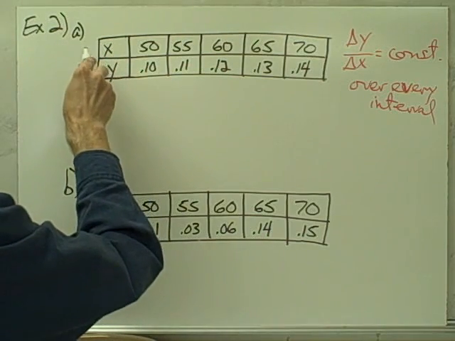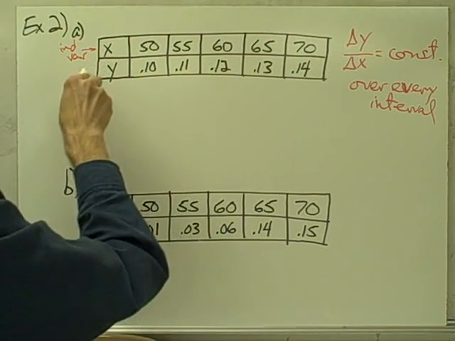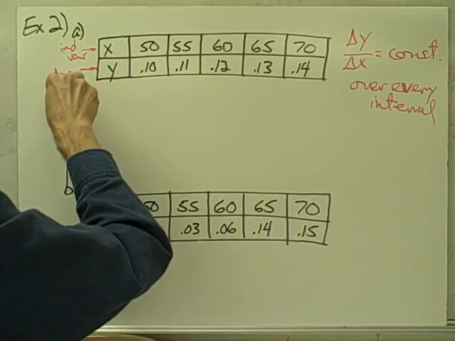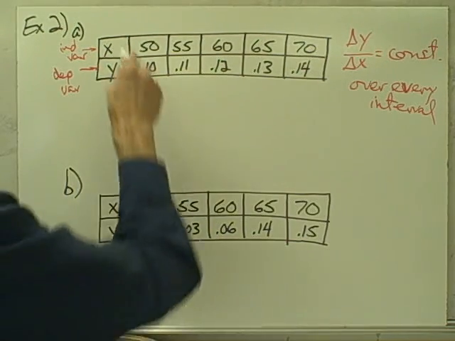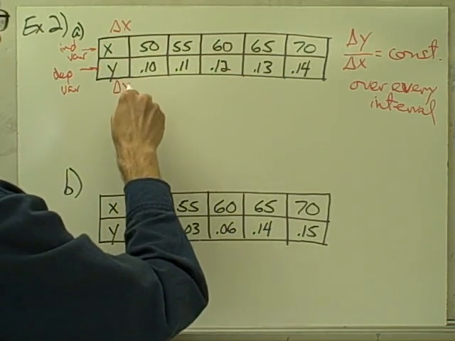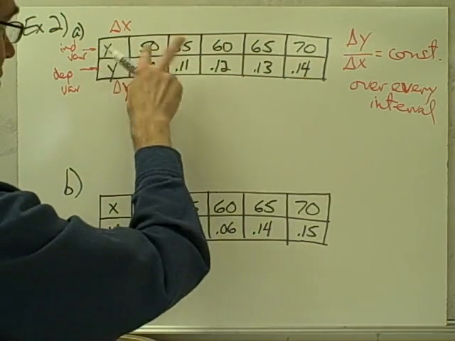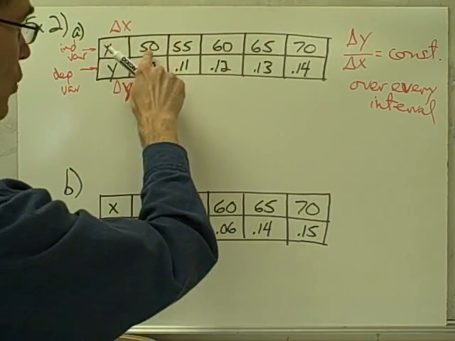So I've got my x values in the top here, my independent variable, and I've got my y values, or my dependent variable, in the bottom. So let's calculate all our delta x's and our delta y's. So delta x just means the change in the x value from one point to the next.